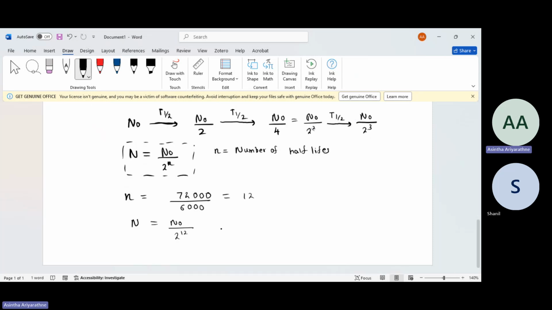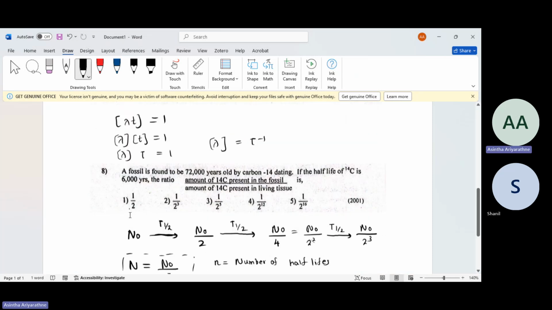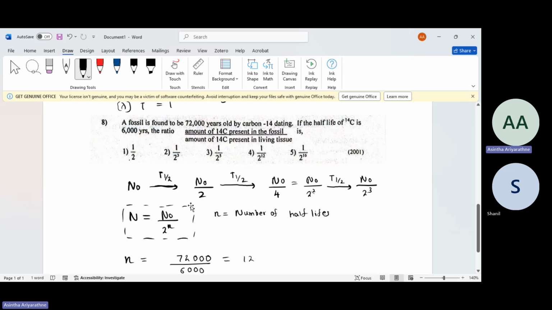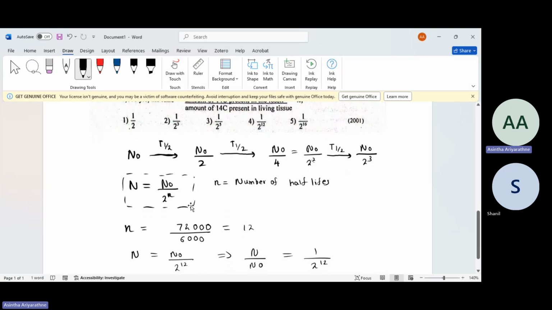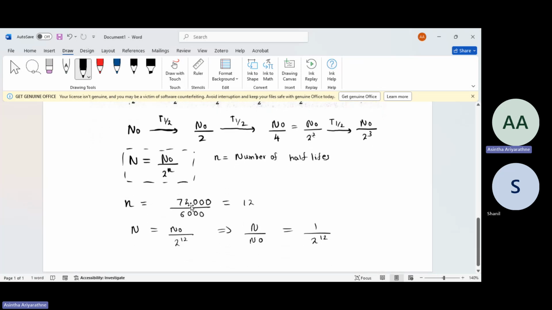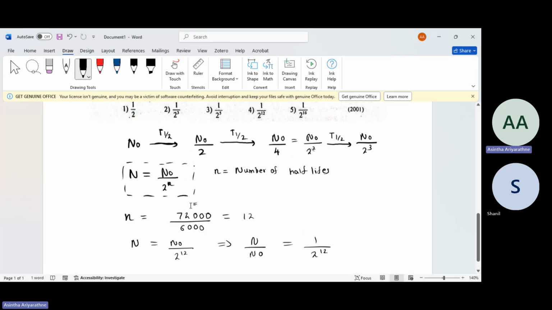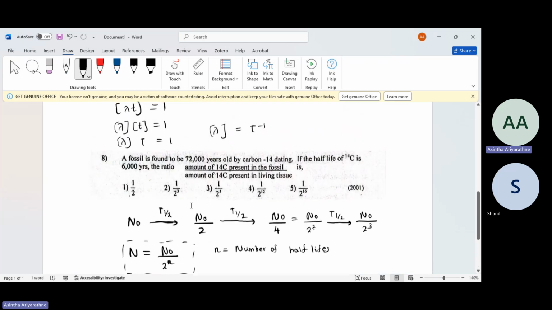So they're asking about n over n naught, which is equal to 1 over 2 to the power 12. That's the amount of carbon-14 present in the fossil divided by the amount of carbon-14 present in the living tissue, which is the initial number, n naught. So 1 over 2 to the power 12, fourth one.